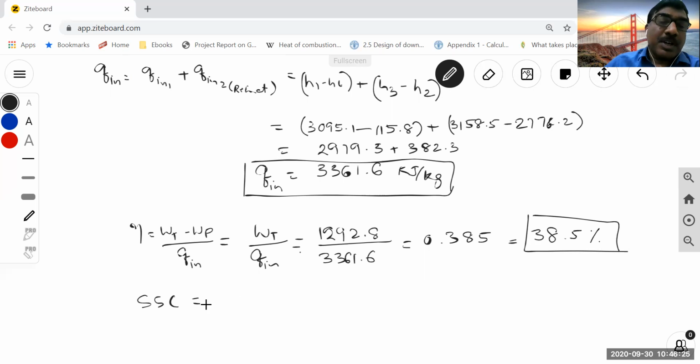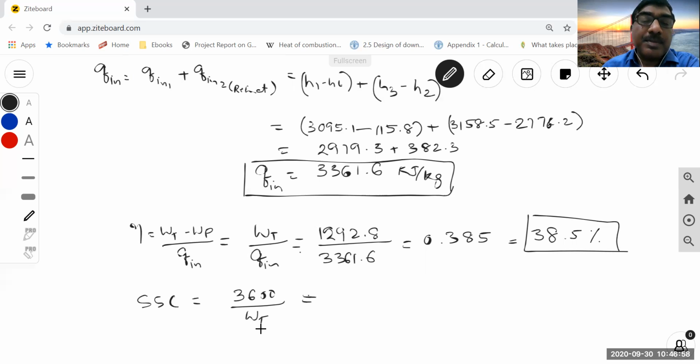Specific steam consumption means what? This is the amount of steam supplied per unit power output. The units are kg per kilowatt hour. So we know what is the turbine work, and turbine work means it is kilojoules per kg. Joules means watt per second. We have to convert, take the quantity per 1 hour. So this is given by actually 3600 divided by WT.